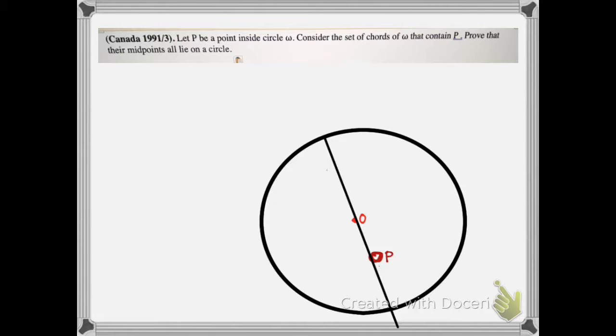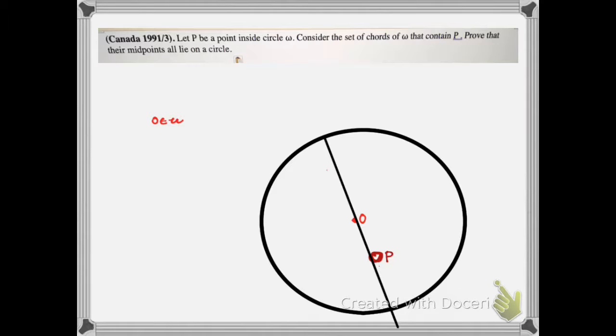So O is the midpoint in this case, and so straight away, we know that O lies on the circle. Or if we use the notation from the question, we would say O is in the set, which I don't even know what that Greek letter is, but I'll just write a lowercase w.